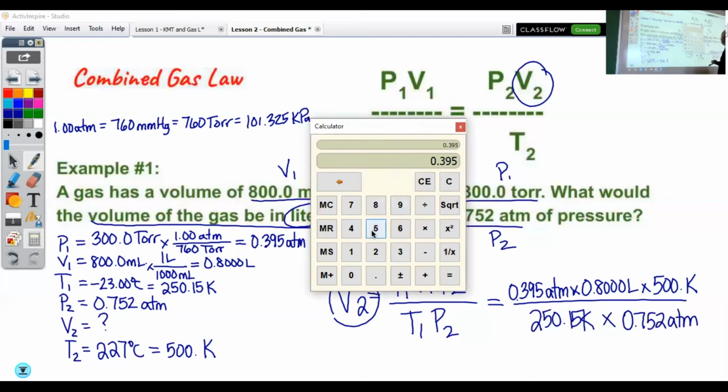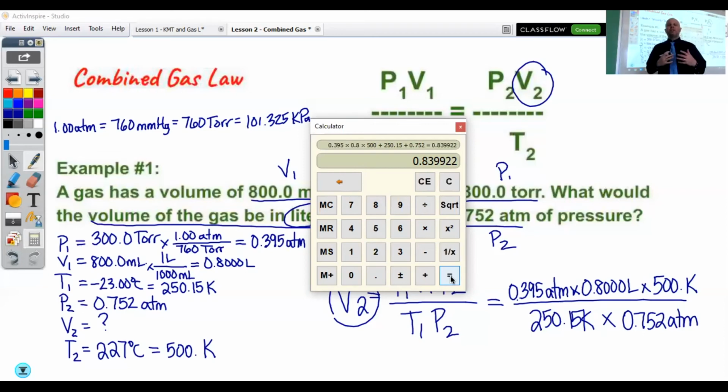So on top, I have 0.395 times 0.8. You can add in the zeros, but it's not going to do anything. Times 500 divided by 250.15, and then also divided by 0.752. If you don't hit divided by twice, you will get the wrong answer, or you can enclose it in parentheses.